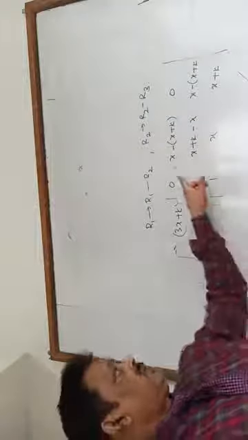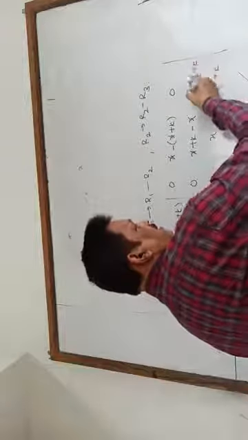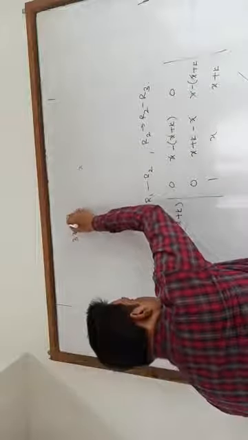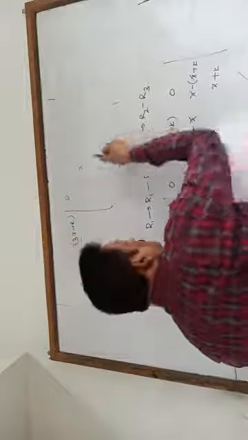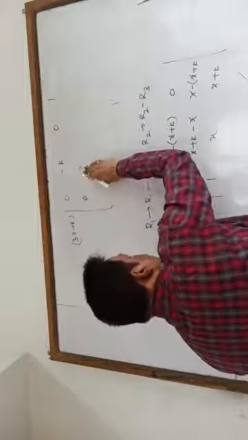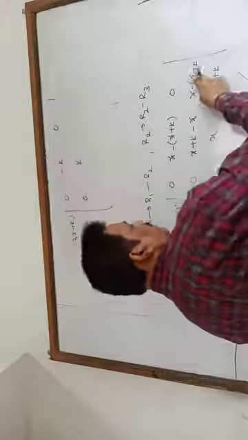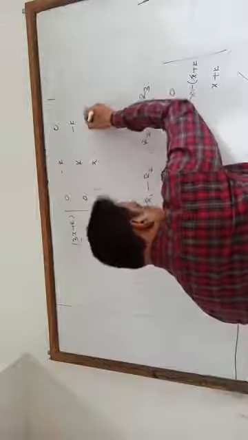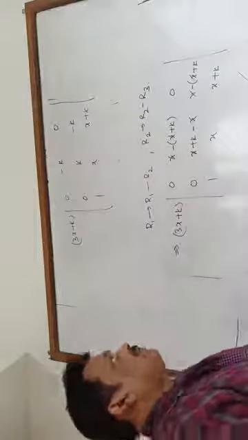This x is cancelled, this x is also cancelled. So you are getting 3x plus k times the determinant with 0, minus k, 0 in the first row; 0, k, minus k in the second row; and 1, x, x plus k in the third, equals to 0.